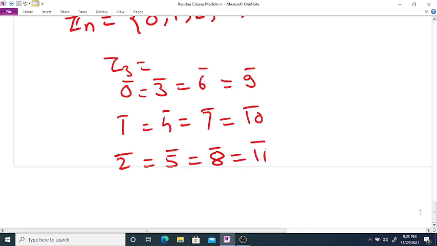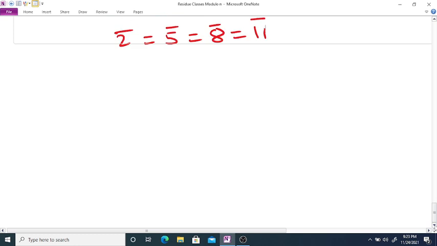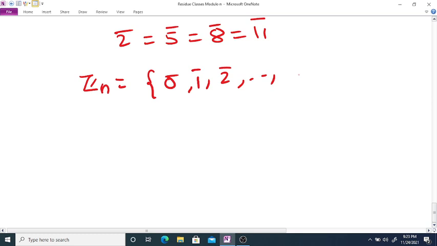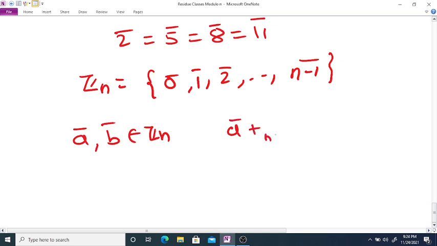So if we define the binary operation on this set, suppose Zn contains n distinct equivalence classes 0 bar, 1 bar, 2 bar, up to n minus 1 bar, then for any two elements A bar and B bar in Zn, we can define the addition modulo n and multiplication modulo n.